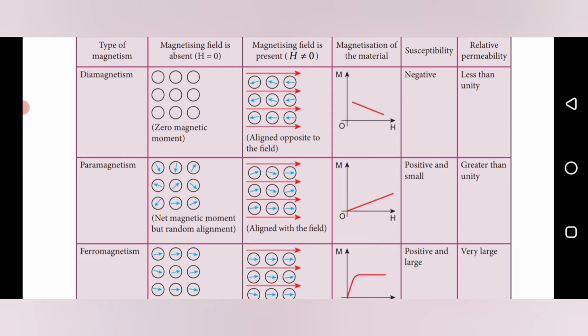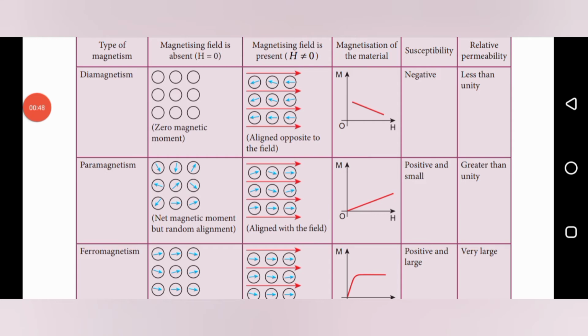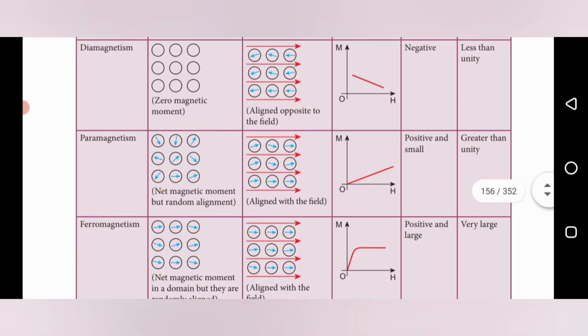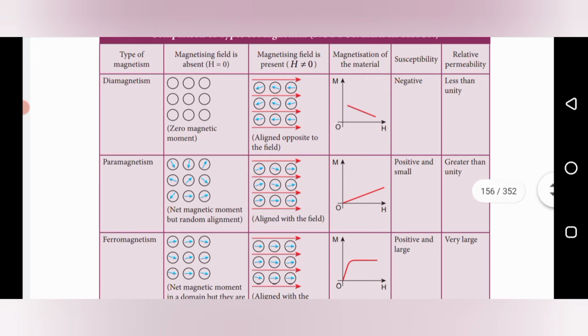Since it is opposite to the magnetizing field, that is the property of diamagnetism. It shows the magnetization of the material decreases. Also the susceptibility is a negative value, and the relative permeability is less than unity, that is less than 1.